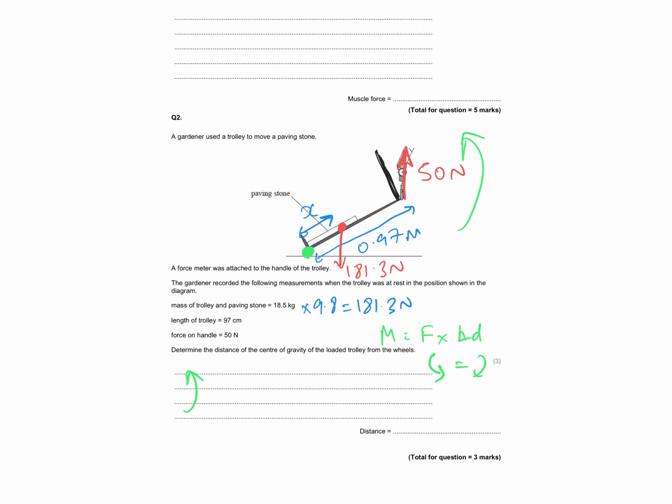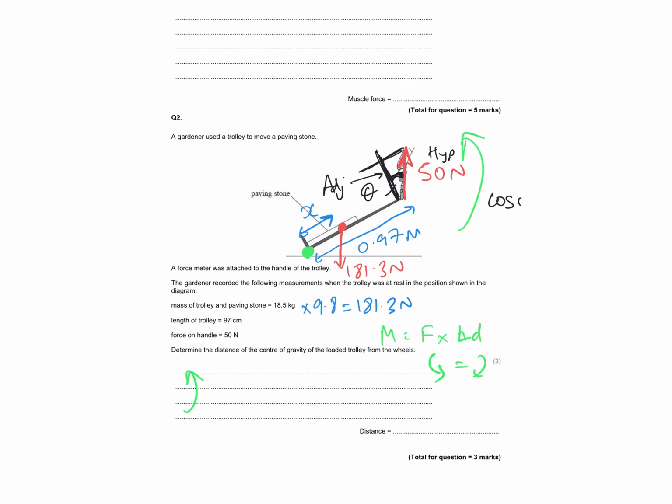The 50 newtons will be our hypotenuse. Therefore, we've got an angle inside just here that I'm going to call theta. If we start labeling it, we know that this is the hypotenuse, and then this side just here is the adjacent, which is the one that we're trying to find the component of.